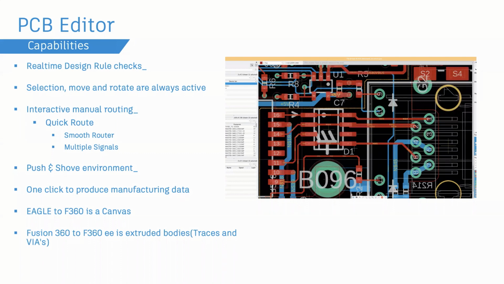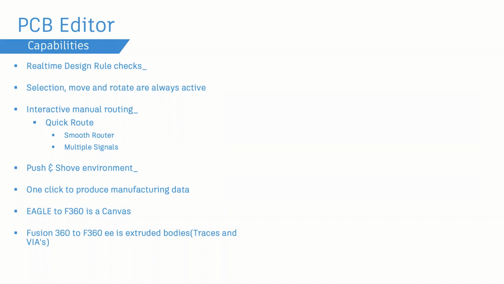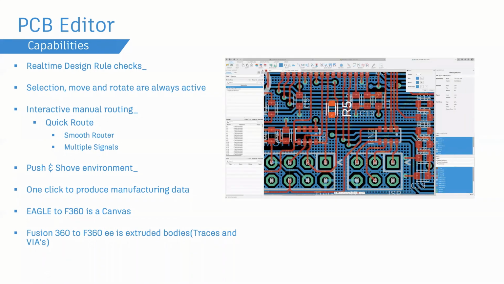Now, one nice thing that we do have, Jorge, and I always like telling our friends about this one, and I think I was telling this to Eric the other day, is our new push and shove environment. Many of you may think of push and shove as a manual route tool.